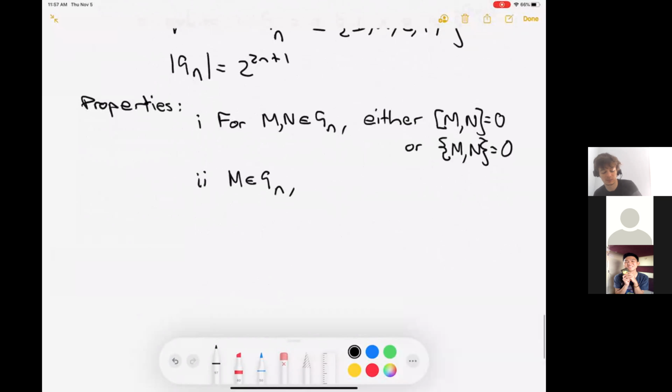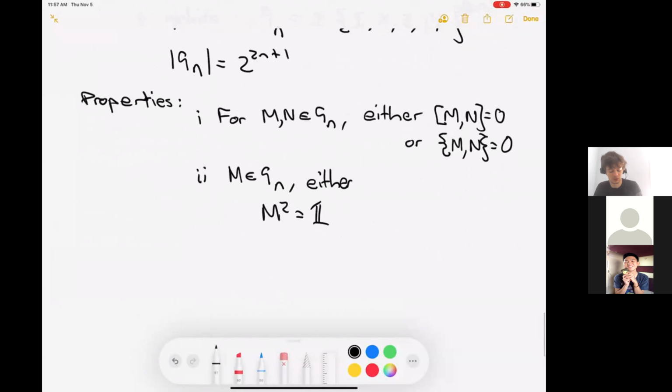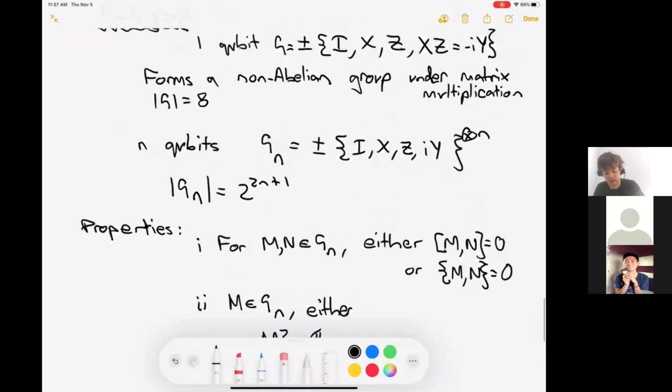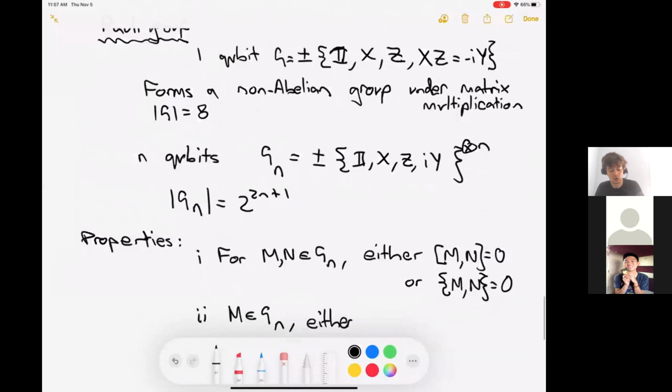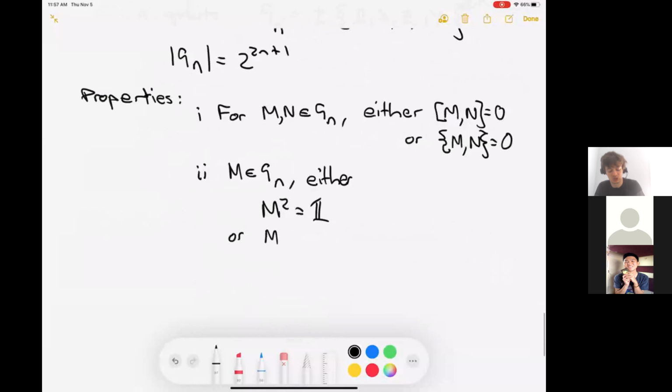So the second property is that for any M in this group, we have either M squared equals the identity, or M squared is equal to minus the identity.